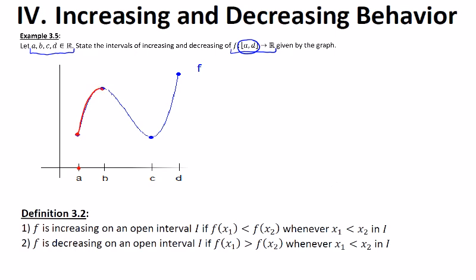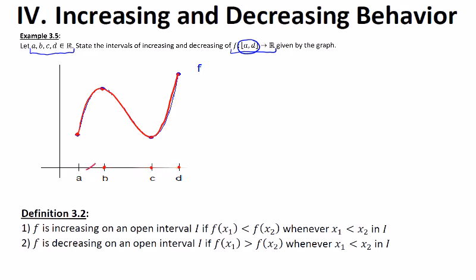There's a value of B, follow this around, that has an x value of C, and then finally at the end I get to an x value of D, and then I would have, of course, everything in between. So the domain is certainly from A to D, even though we don't know the exact values of those. So what we're being tasked with here is not to state the domain, that's already given to us, but we need to describe where this graph is increasing and decreasing.